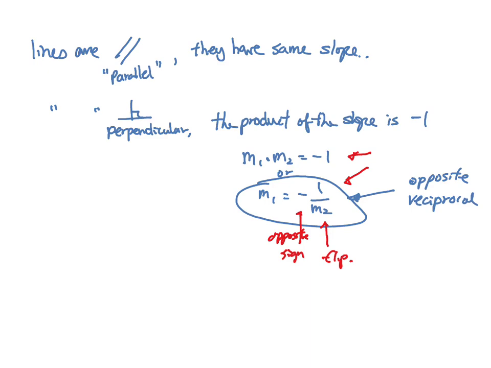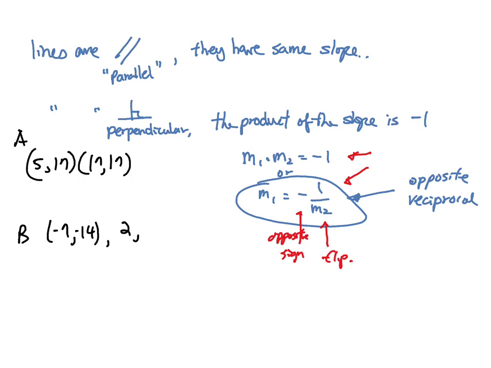So let's go ahead and work on number 4, part A. Part A says we have a line that goes through (5, 17) and (17, 17). And we have another line that goes through (-7, -14) and (2, -14).